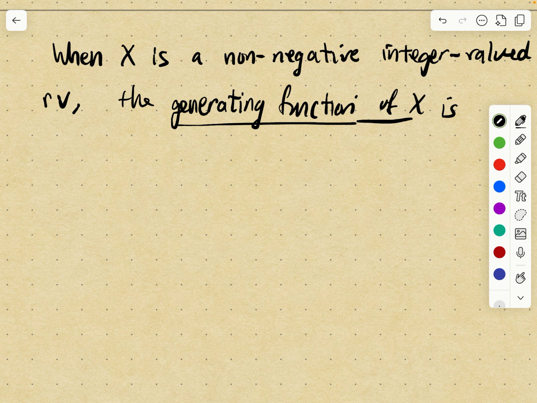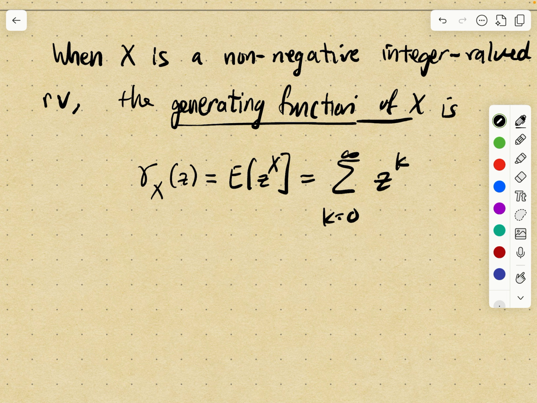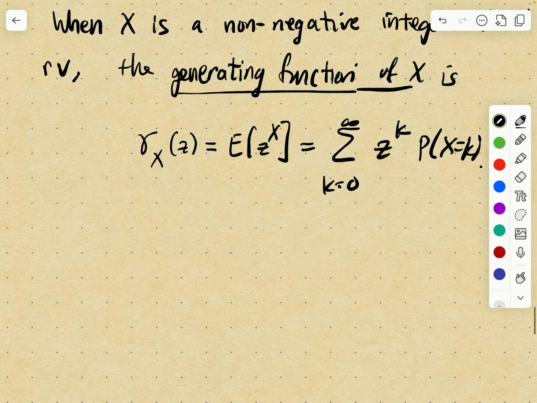And that's defined to be the function gamma x of z, which is the expectation of z to the x. Since x is discrete, this is the sum from k equals 0 to infinity of z to the k times the probability that x is k. And when k is 0, you get z to the 0.